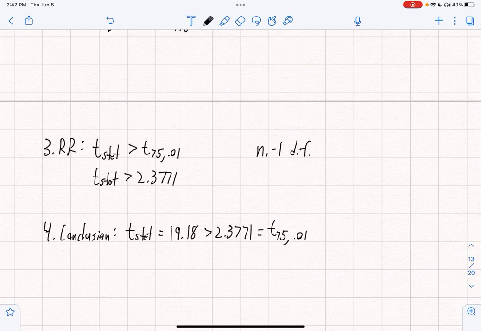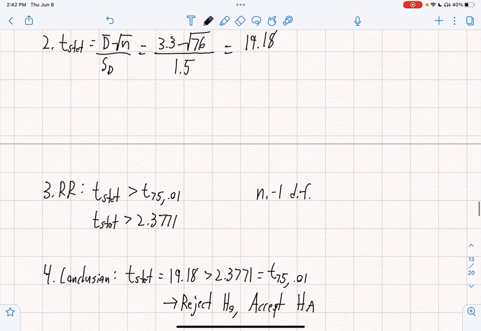So this is in fact true, and so we will reject H naught and accept HA. 19.18 is indeed bigger than 2.3, therefore t-stat is in the rejection region, and so we reject the null hypothesis.